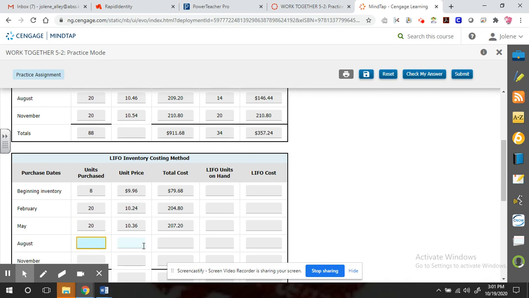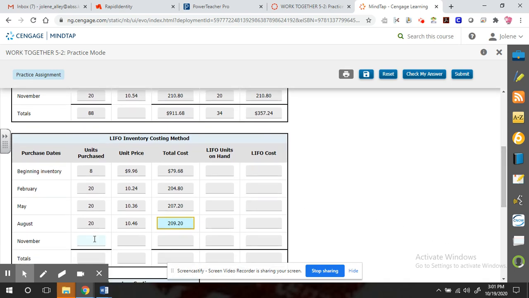August shipment was 20 air filters at $10.46 for a total of $209.20. And then our November shipment was 20 of them in at $10.54, and that came out to a total of $210.80.